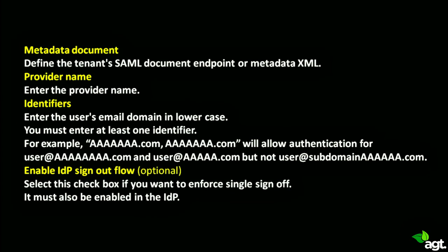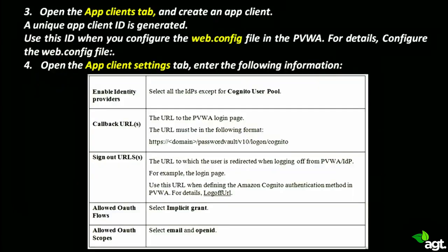You must enter at least one identifier. For example, yourwebsite.com will allow authentication for user at yourwebsite.com, but not user at a subdomain of yours. Use your original website ID. Enable IDP and sign off flow is optional; select the checkbox if you want to enforce a single sign off. It must also be enabled in the IDP.